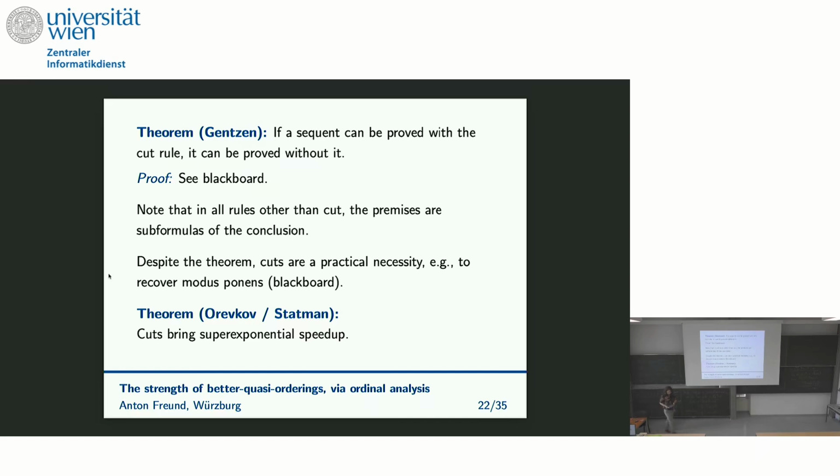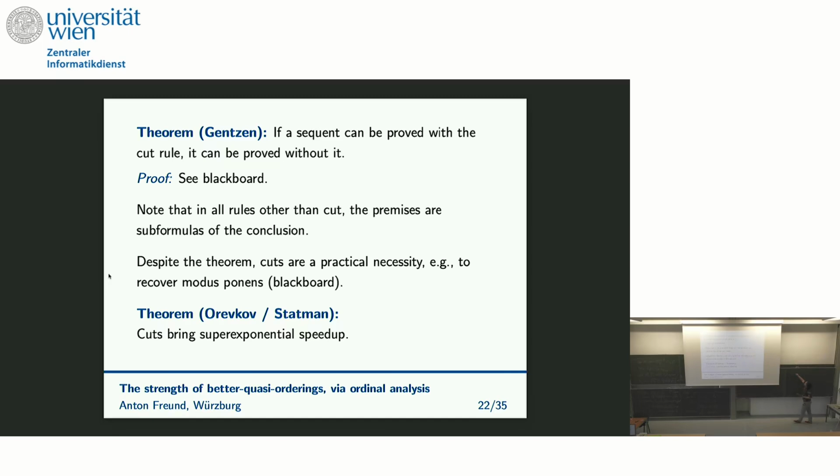And one place where you can see that is if you want to give a direct translation from your favorite proof calculus to sequent calculus. And your favorite proof calculus might well include modus ponens. Let me just share that as well for people who have maybe not worked with sequent calculus that much.